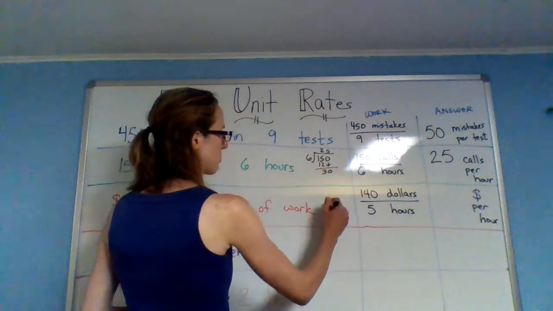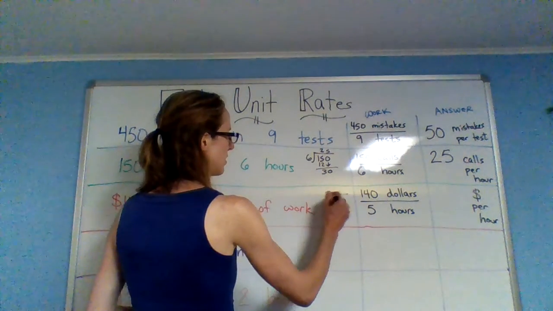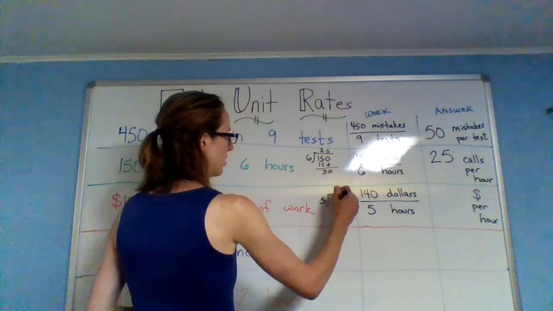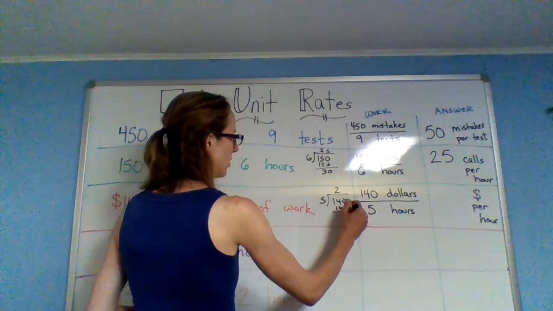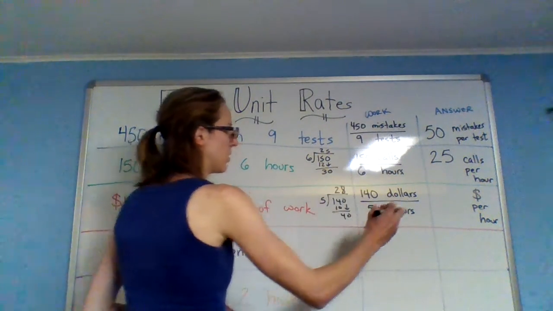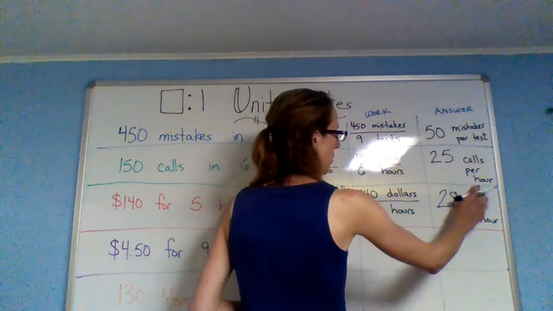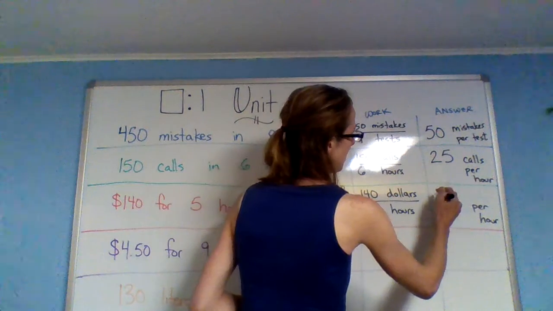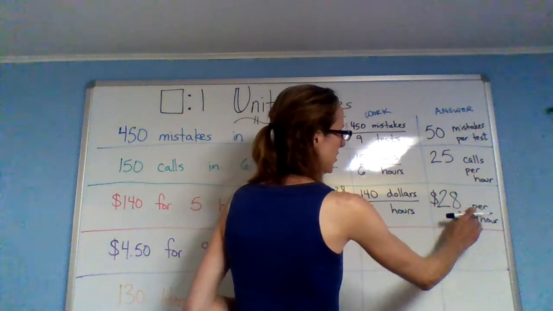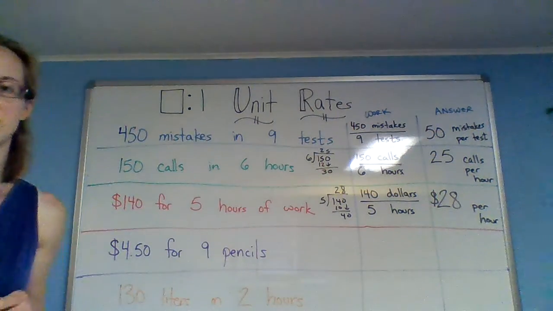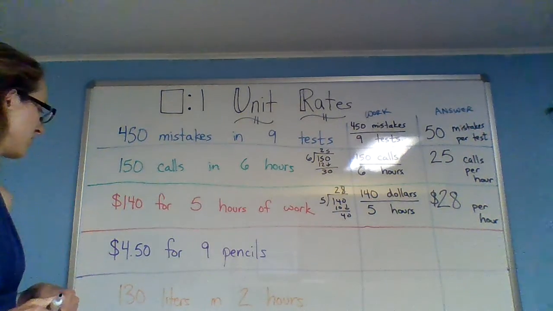I have to do 140 divided by 5. This person would be making $28 per hour. That would probably be written as $28 per hour with that dollar sign out ahead of it.